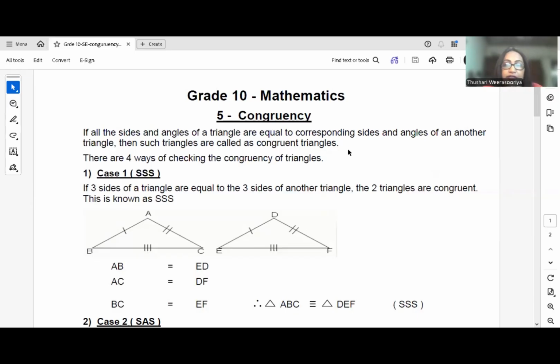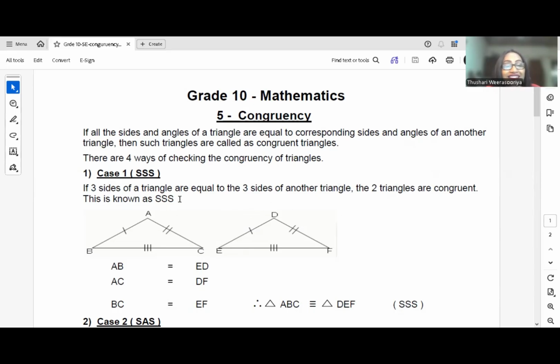To check the congruency of triangles, we have four cases. The first case is SSS. That means, now look at this, if three sides of a triangle are equal to three sides of another triangle, then the two triangles are congruent to each other.